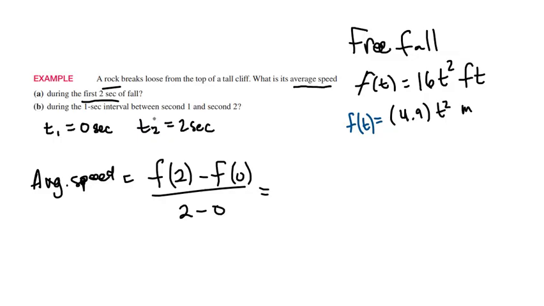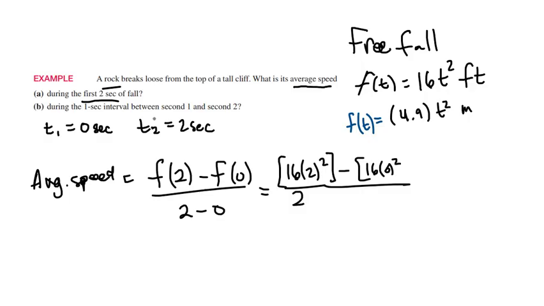We know that 2 seconds has passed, so that's the time elapsed on the bottom. For the function value, we have to plug in these time values. So we have 16 times 2 seconds squared, which gives us an amount of feet, minus 16 times 0 squared. On top, that's 4 times 16, so 64, minus 0, over 2.